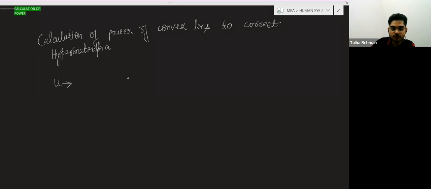So object distance you will take normal near point. What is the normal near point? 25 centimeter. And in front of the eye, then you will take this as minus 25 centimeter.